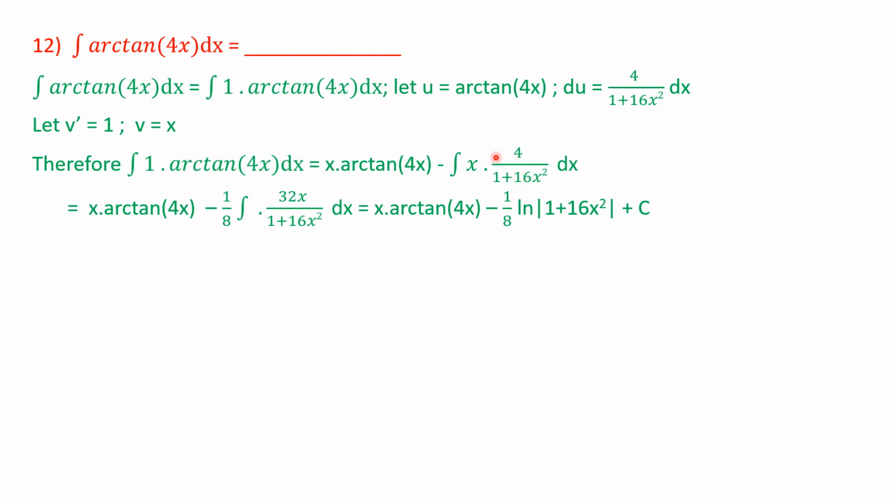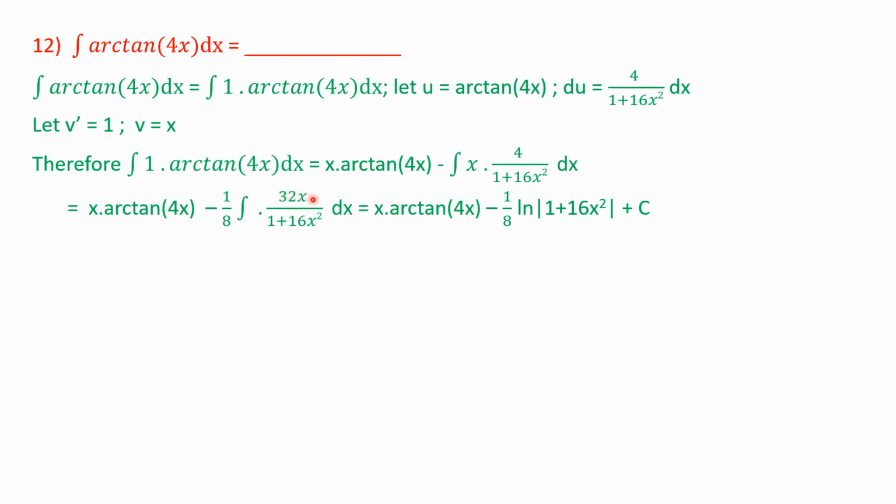So the numerator over here, 4x, we change it into 32x by multiplying by 8, and then we took the 8 outside. So 1 divided by 8 will cancel the impact of the 8 we multiplied 4x by.